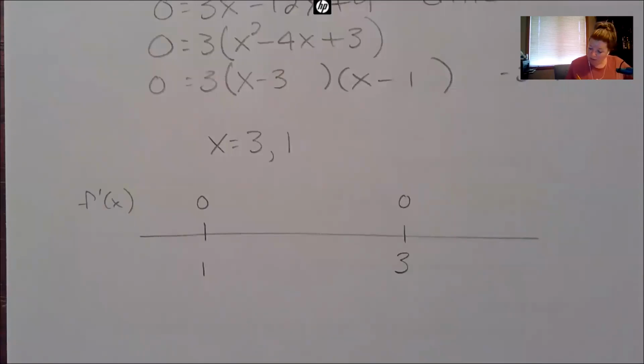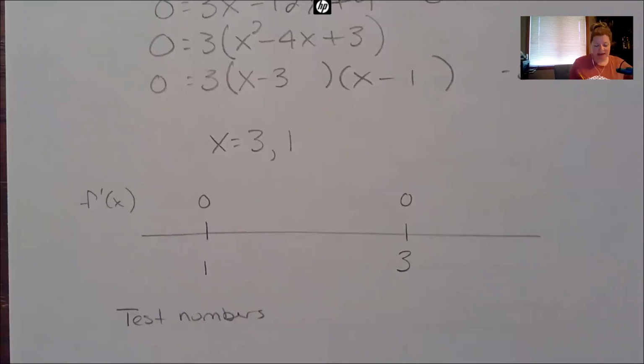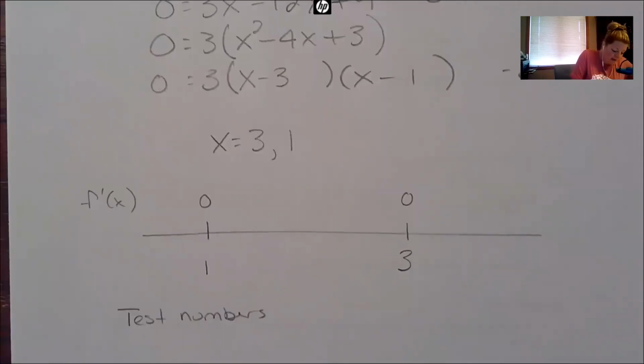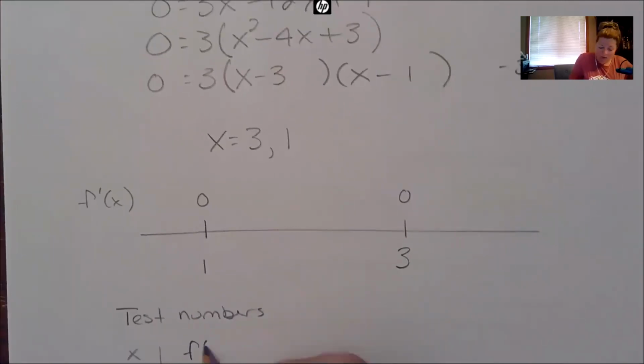So we're going to do test numbers, and we're just going to see if it's positive or negative. We're going to have our x value here, and we're going to look at our derivative of that value over here.